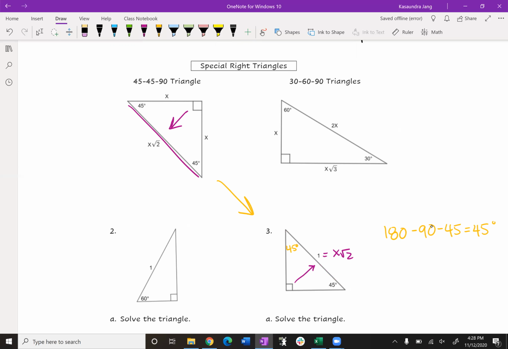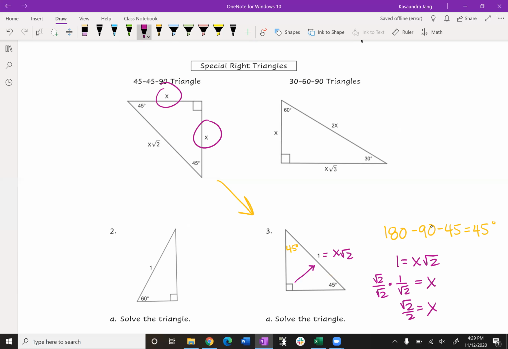All right, and I'm going to solve for x. I'm going to divide by root 2 on both sides. And I need to rationalize the denominator. I'm going to multiply by root 2 over root 2 to get root 2 over 2 as my x. And then the x is both legs.